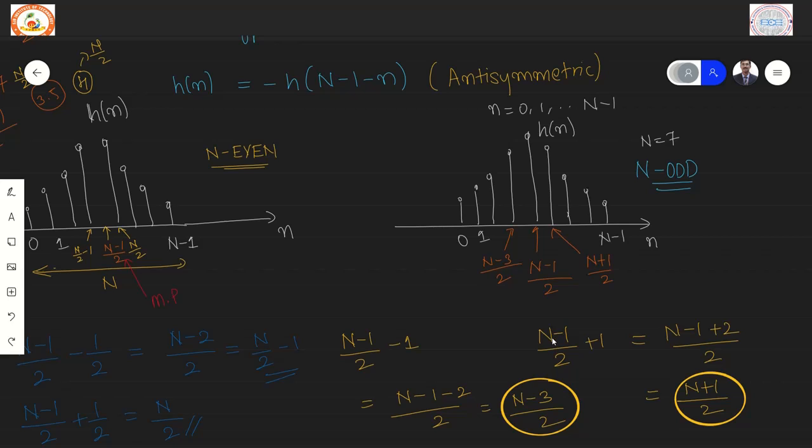Therefore, the midpoint plus 1 simplifies to N minus 1 plus 2 divided by 2, which is equal to N plus 1 by 2. In this manner, very easily we can find the required indices in the case of both even as well as odd N.